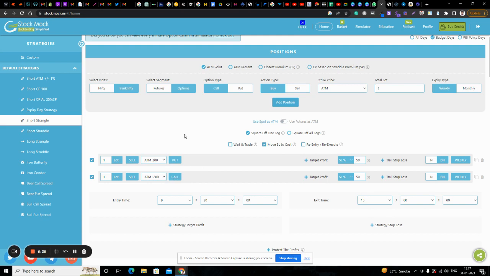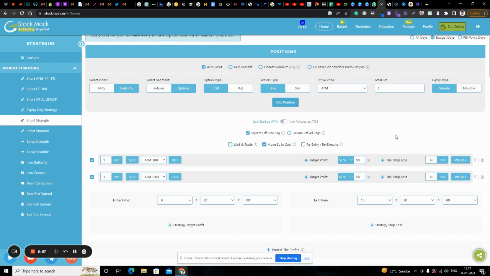And if your call stop loss is hit, you have to buy a call and carry it with your put sell leg till 3 o'clock again. And your stop loss is just going to be on the remaining leg, on the cost. Simple. It's a very simple strategy.